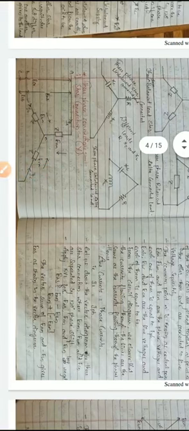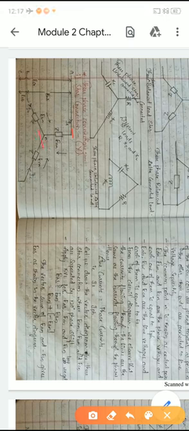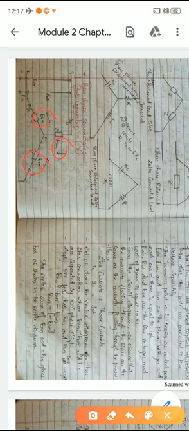Wherever we take the voltage from one end of a line voltage to neutral, those voltages are called phase voltages, that I can write as EAN, EBN, ECN. Voltage from A to N, voltage from B to N and voltage from C to N.